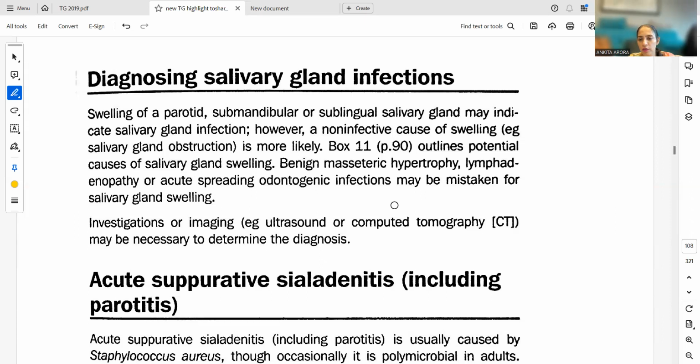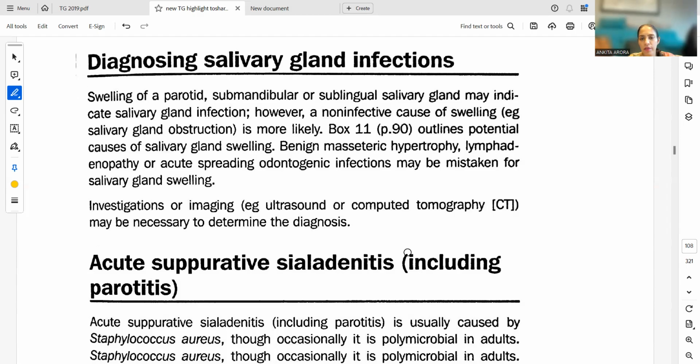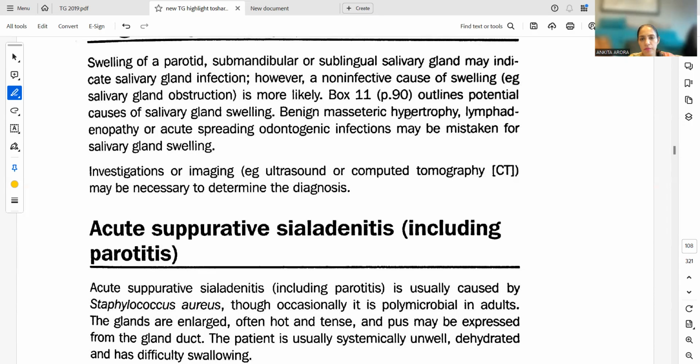So non-infective causes are much more likely than infectious causes. Box 11, page 90 outlines potential causes of salivary gland swelling, which we'll see on the next page.